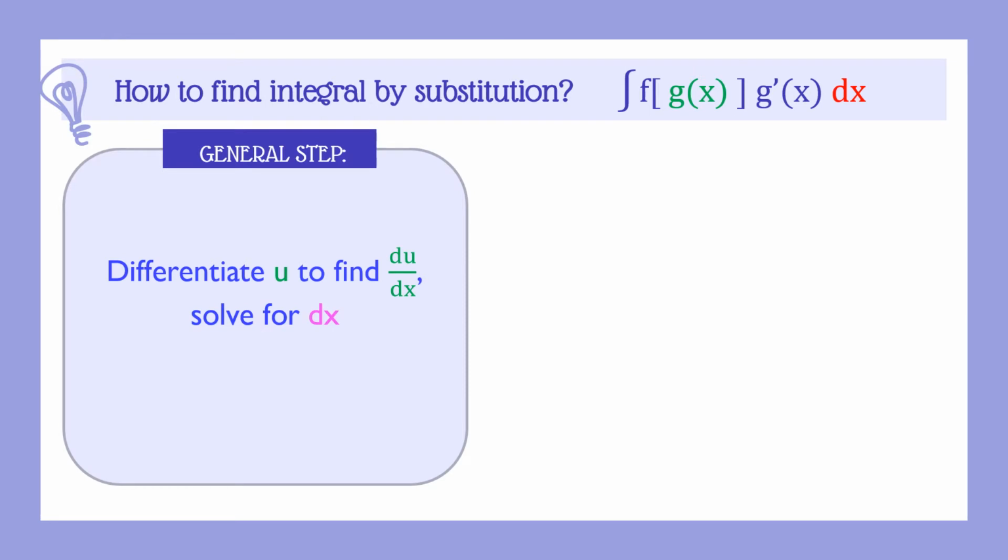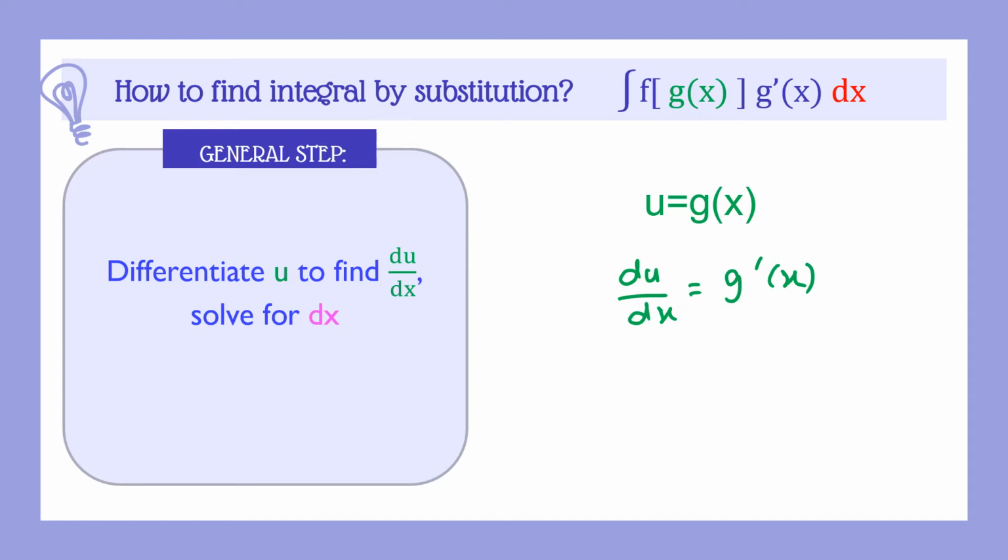General step, step 2, differentiate u to find du/dx, then solve for dx. Since u is equal to g(x), we differentiate u equals g(x). So we get du over dx equals g'(x). Since we want to solve for dx, dx should be the subject.